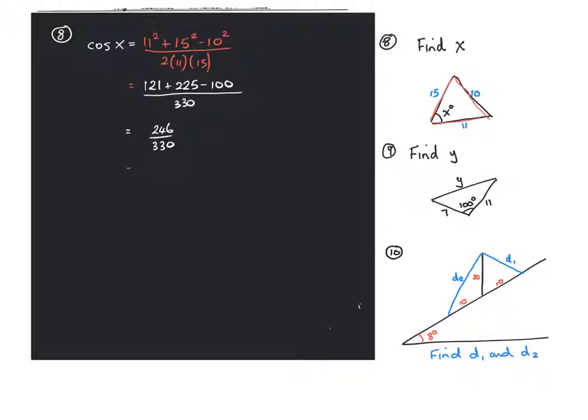That's what cos theta equals, cos x in this case. So cos x equals 0.7455, and therefore x equals 41.8 degrees.